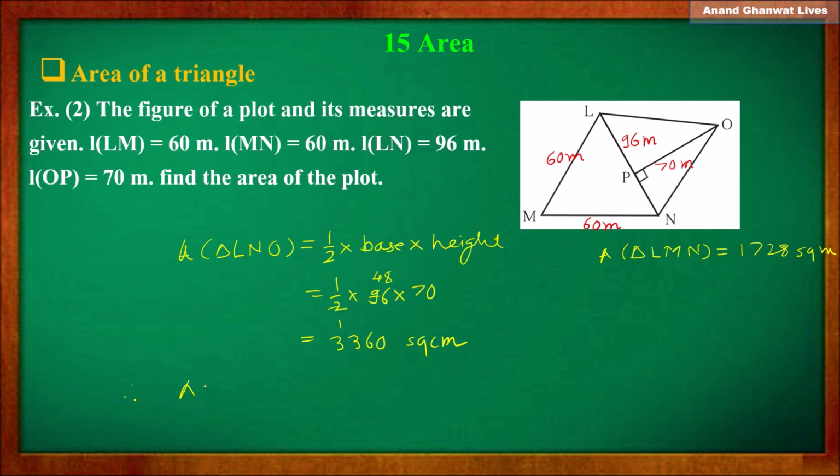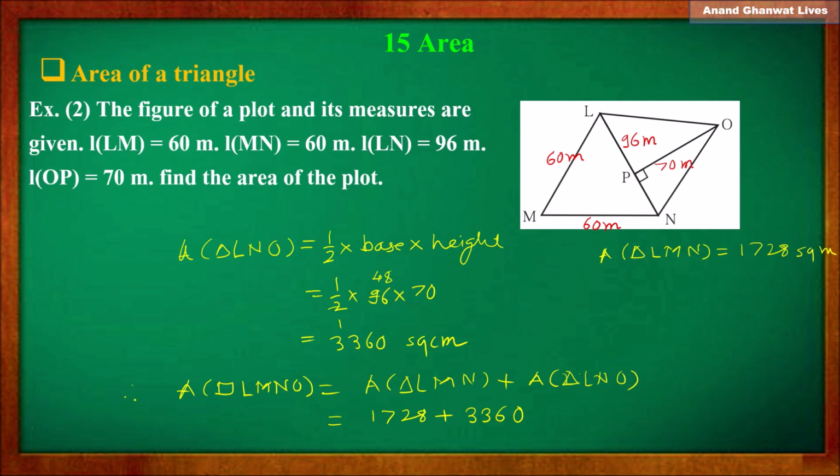Now area of plot means area of quadrilateral LMNO. So area of quadrilateral LMNO is equal to area of triangle LMN plus area of triangle LNO. So it is equal to 1728 plus 3360.